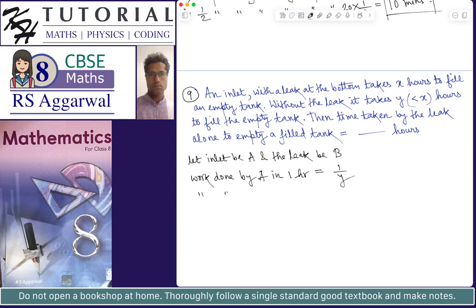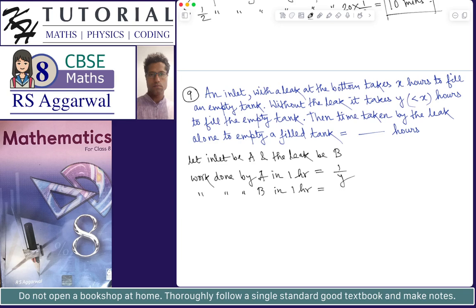Also, work done by B, which is the leak, in 1 hour we have to find.